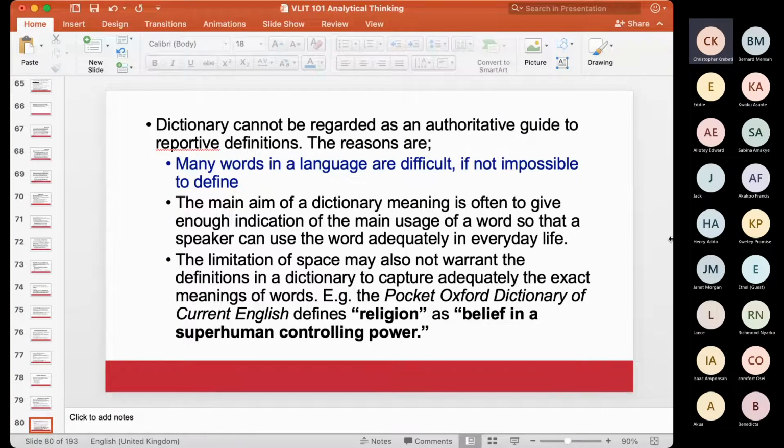Dictionary cannot be regarded as an authoritative guide to reportive definition. And I'm going to offer you a few reasons. Sometimes, some of us think that all there is to definition is the dictionary. Dictionary is everything. We need to get it. But if you do that, you will have a problem, because a dictionary cannot be seen as a sacrosanct server of all needs.